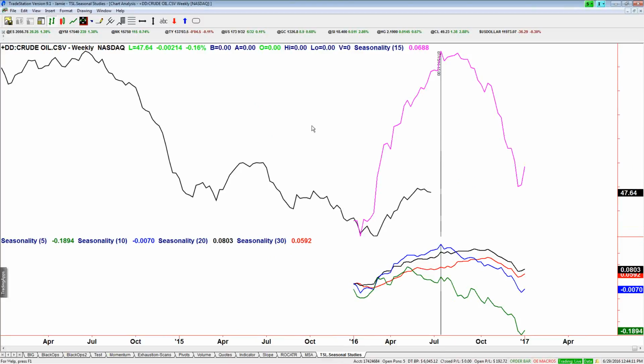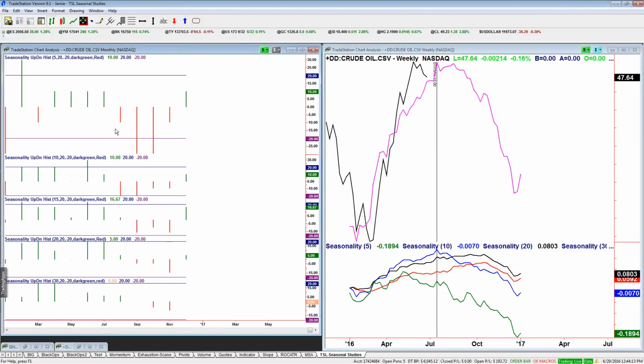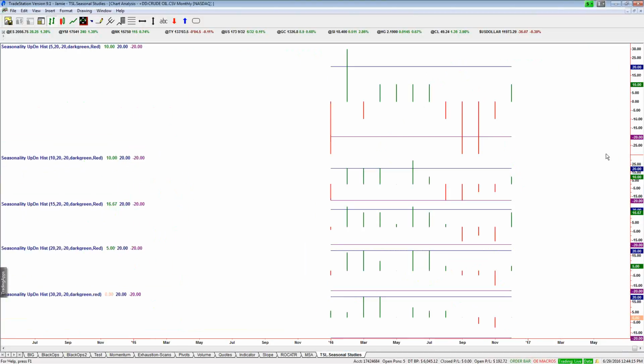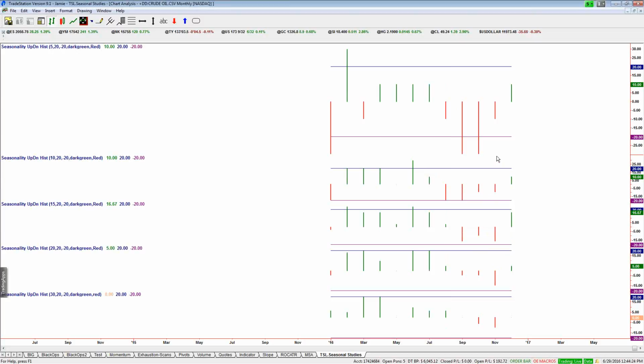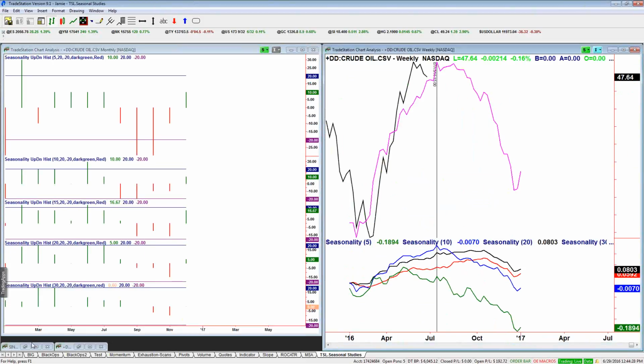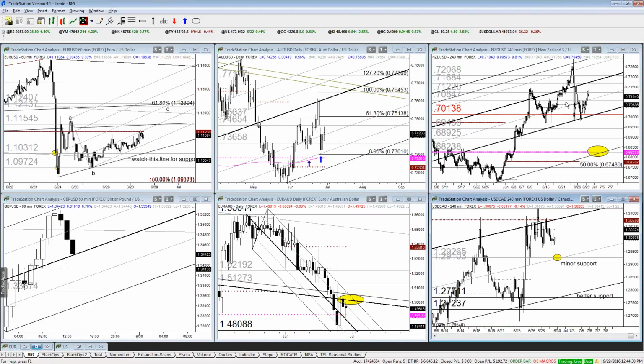You can see here, you start to turn down. Basically August going through November is the seasonally weak period for crude oil. So maybe we can work up into that big zone that we just talked about for crude before we turn down again.